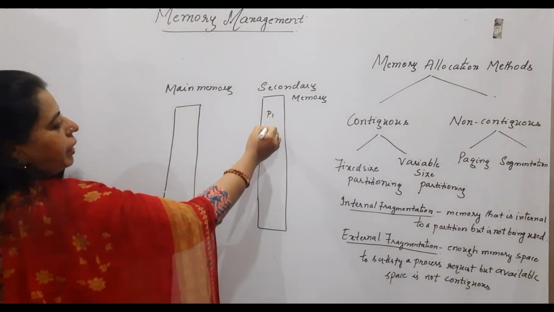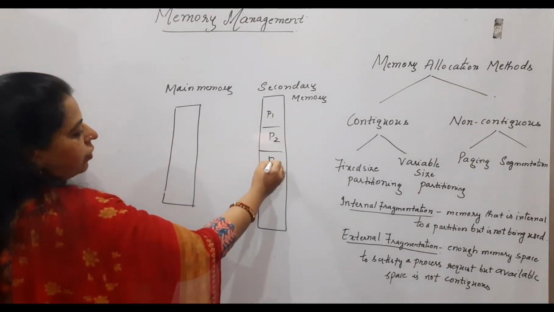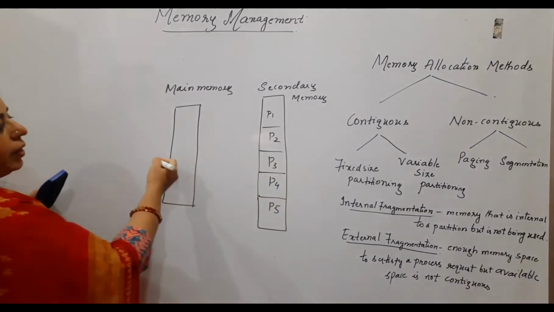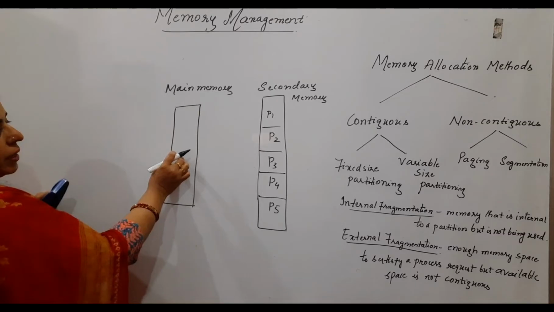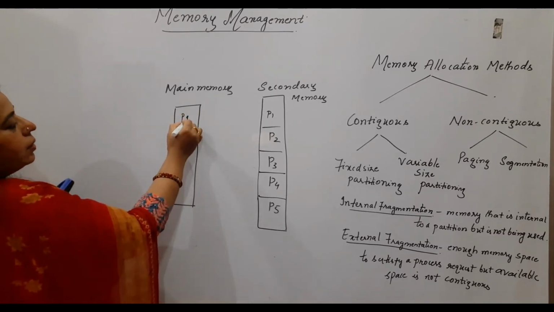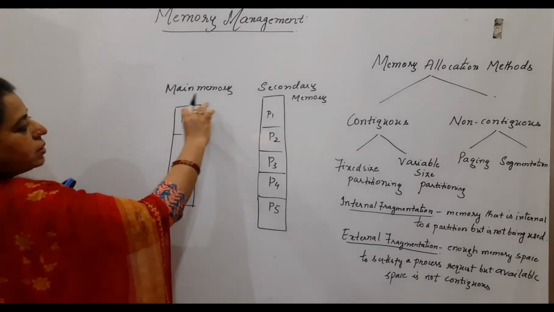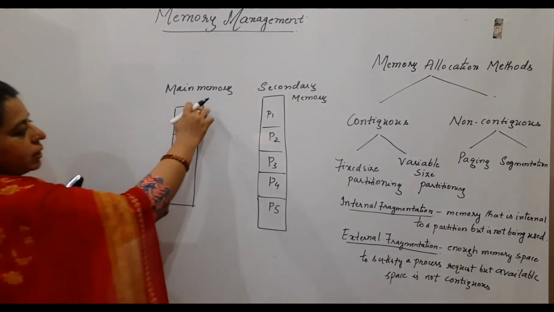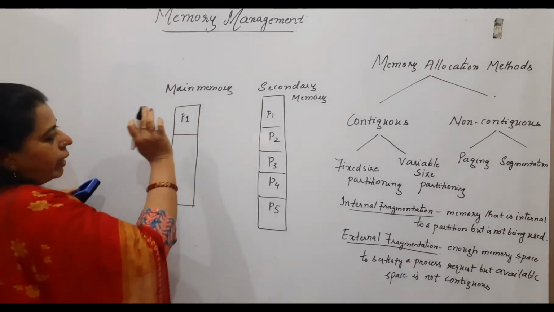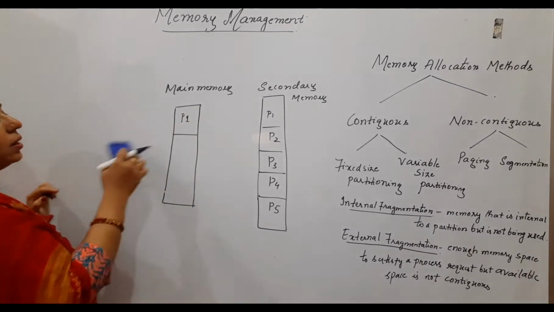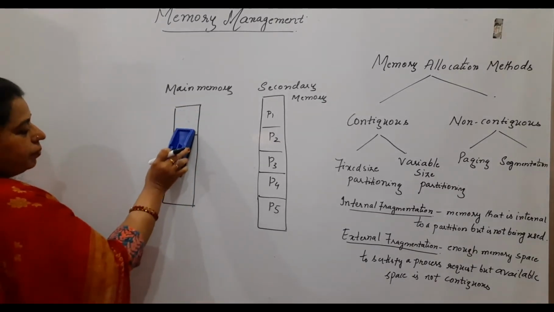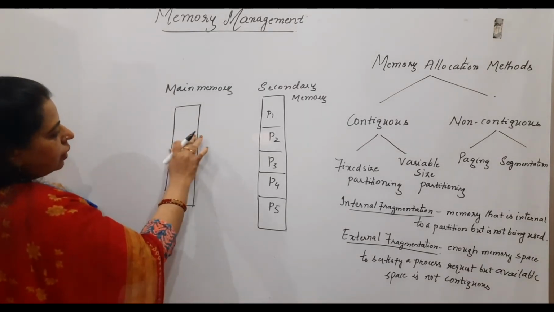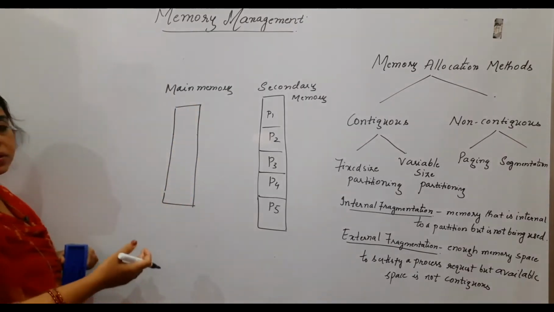Suppose P1, P2, P3 are the different processes in the secondary memory. When you allocate memory space for a process, whatever number of locations P1 wants, the complete locations are allocated in the main memory. So we say it is in a contiguous manner, and that's why the name is contiguous memory allocation.